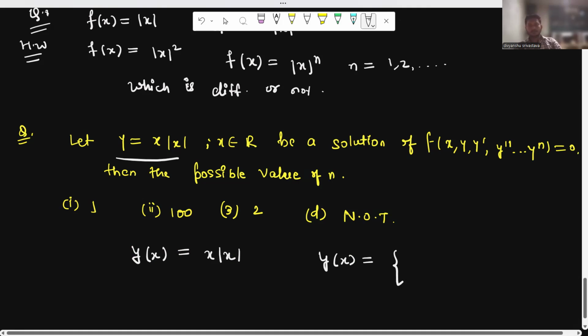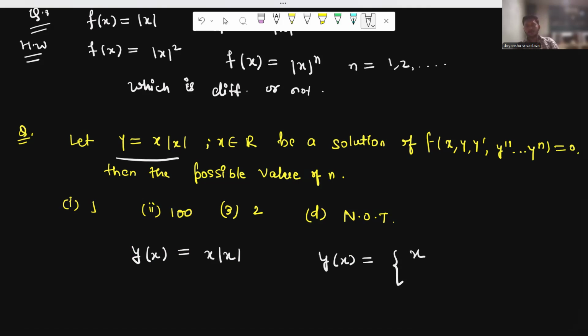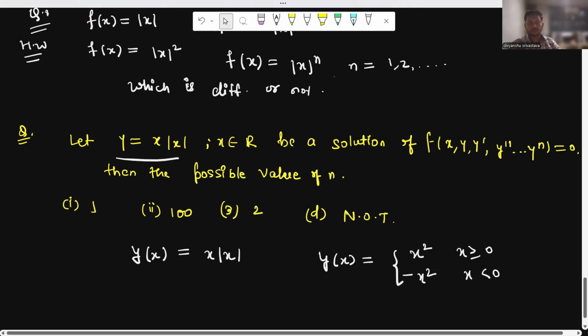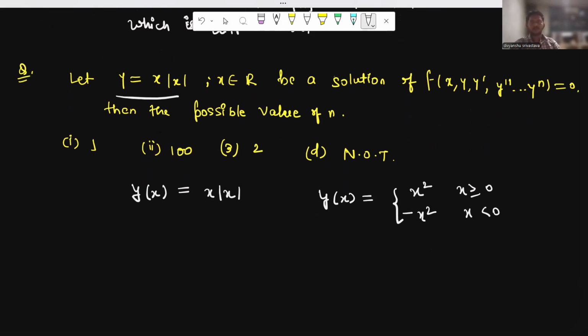When you put here the minus x and a plus x, then you have multiplication like this, and the value is x square, and second thing is minus x square. These are for x greater or equal to 0 and x which is less than 0. So the whole thing about this function may be represented like this.